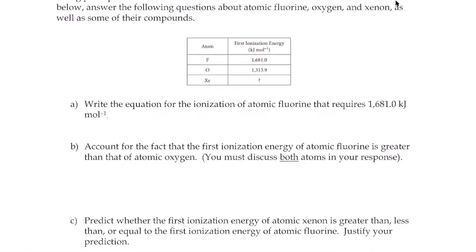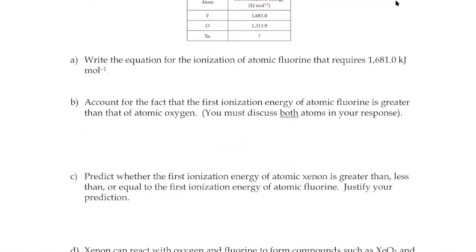And then you're going to try and make a prediction of where xenon would fall. Do you think it would have a higher ionization energy, equal to, less than fluorine? So I'm going to give you guys a few minutes. Just try parts A, B, and C, and then you can hang tight. Don't go on to part D just yet. Okay, so a few minutes for A, B, C.